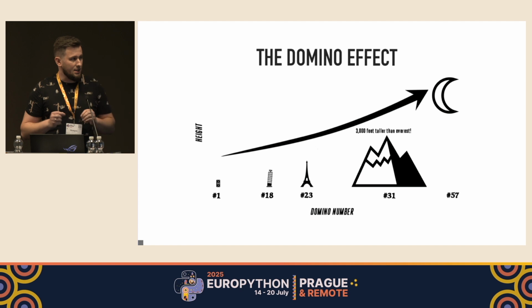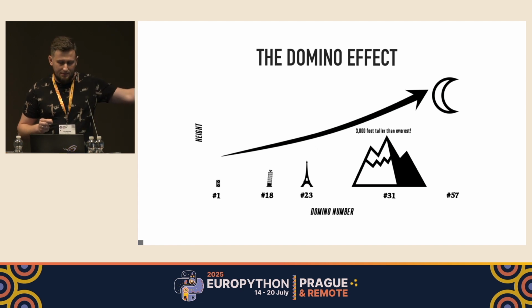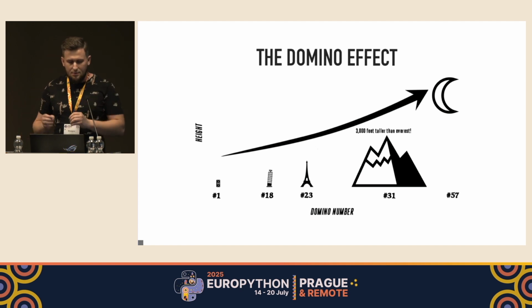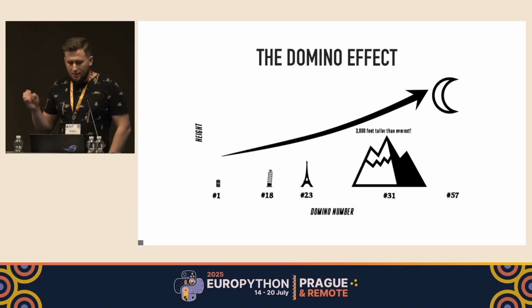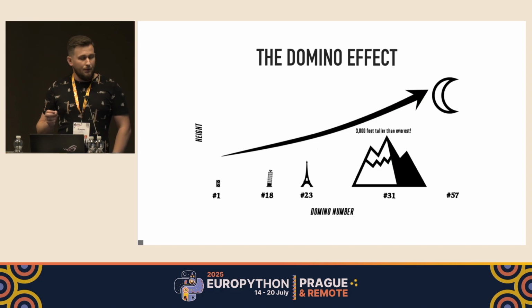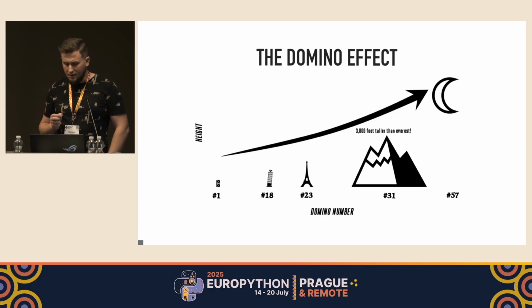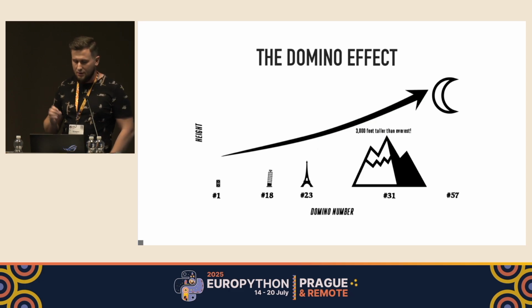If we start with a regular size tile at the beginning, by the time you hit tile number 23, you will be able to flip the Eiffel Tower. By tile 34, it will be bigger than Mount Everest. So the domino effect is huge, having a huge impact.